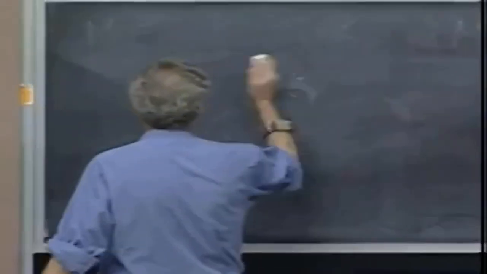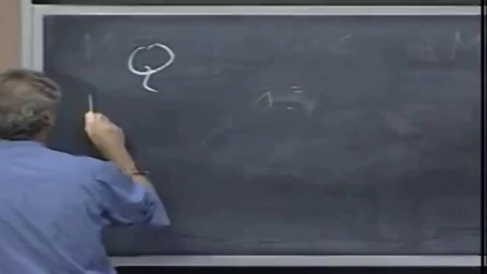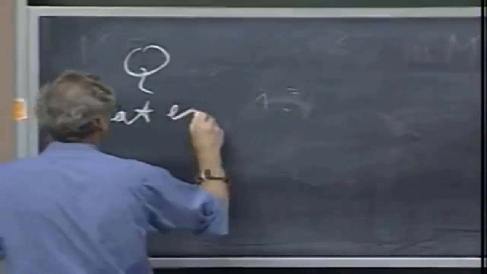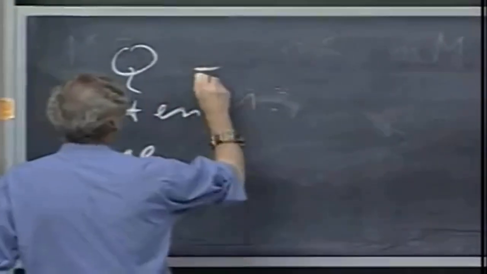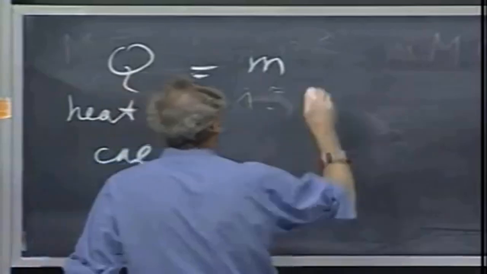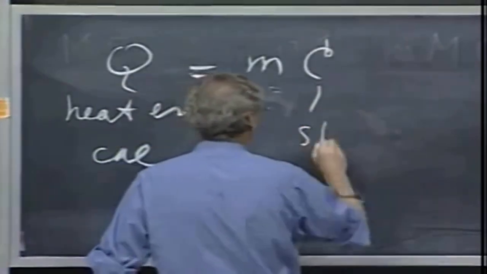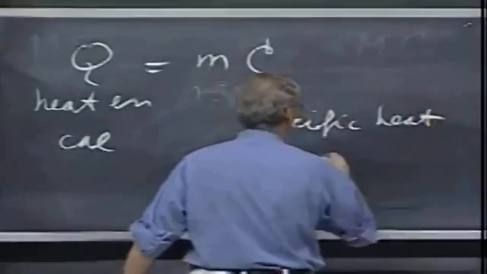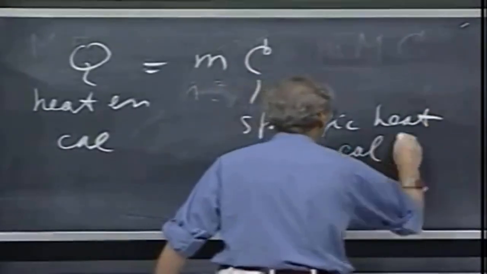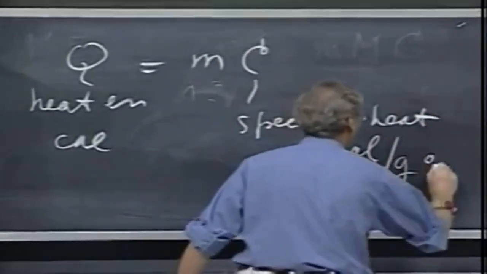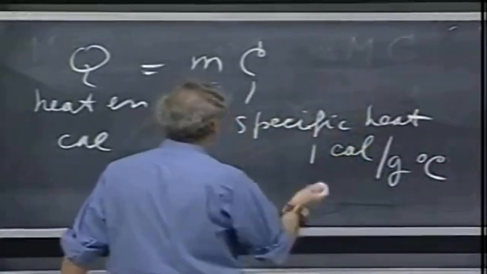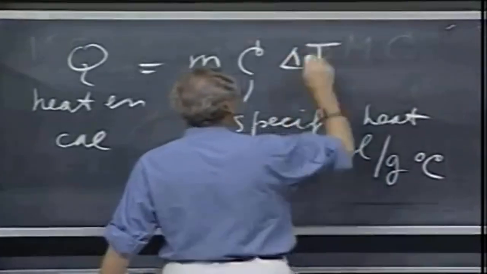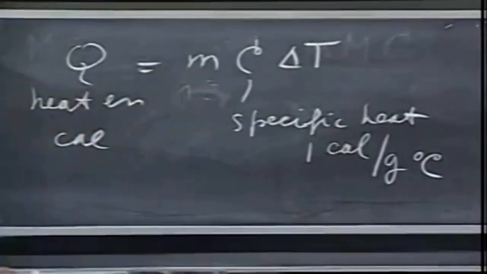And so in general we can write that Q, which is heat energy, which is in calories, is the mass of the object times the specific heat, which for water would be 1 calorie per gram per degree centigrade, times the temperature increase that we apply.